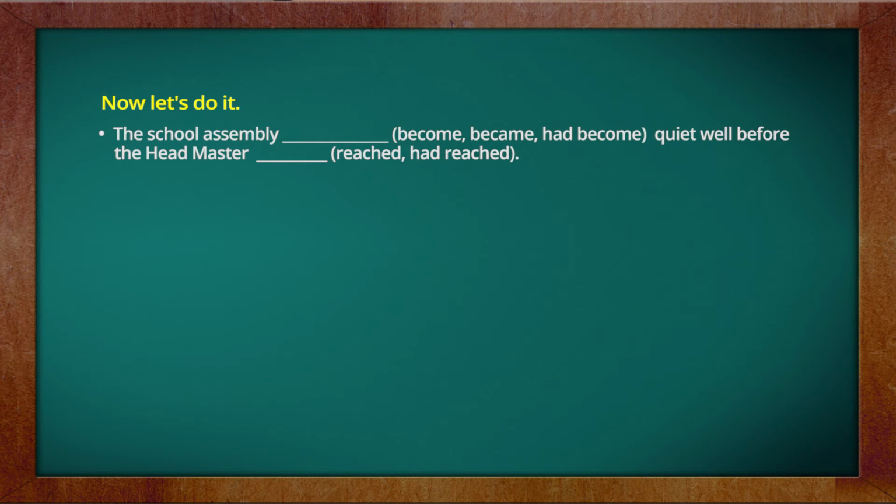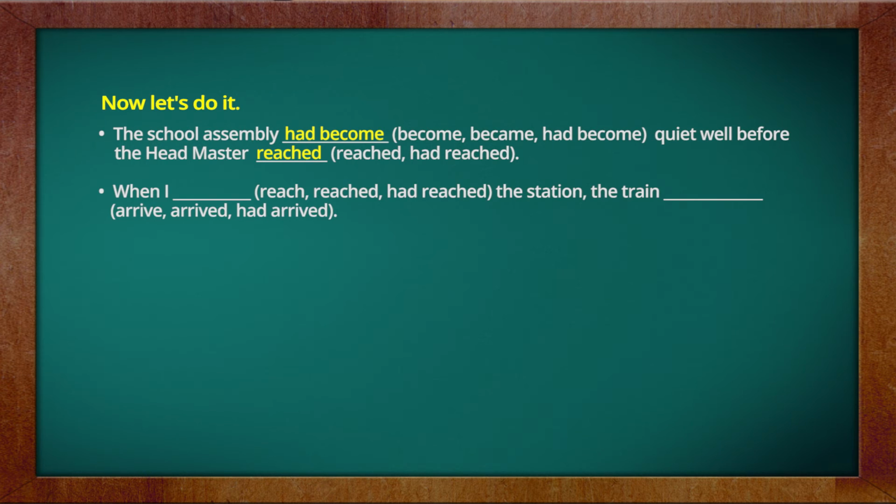Okay. Sentence 1: the school assembly became or had become quiet well before the headmaster reached or had reached. Come on, make out. The school assembly had become quiet well before the headmaster reached. Fine, well done. So, you were able to make out the first action in past perfect, second action in past.